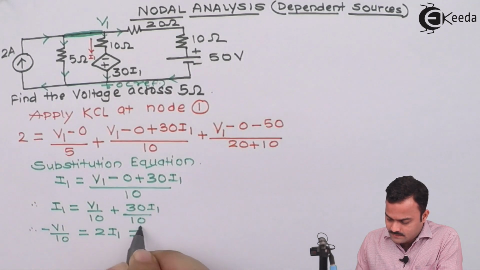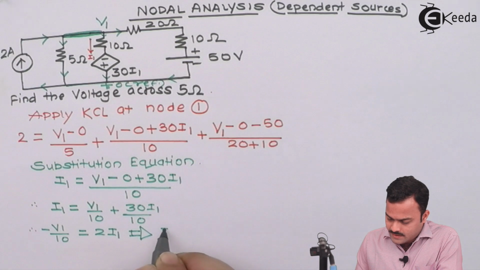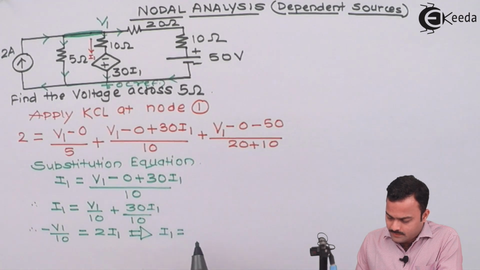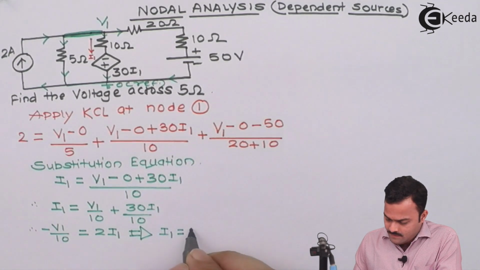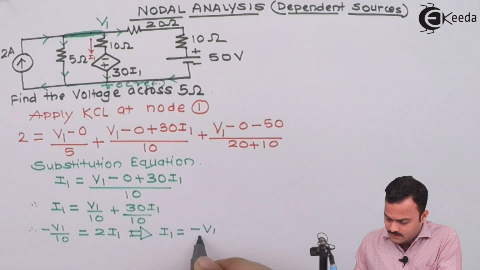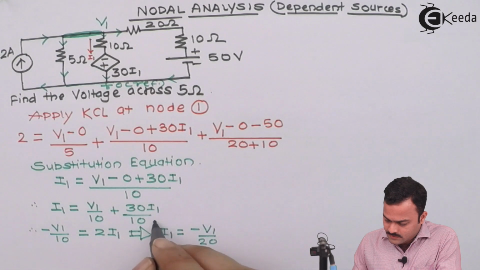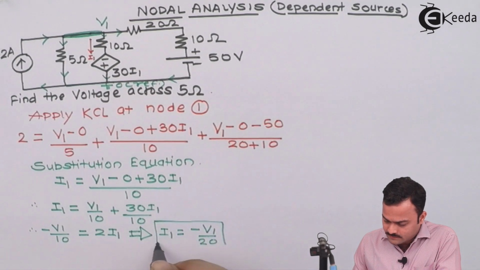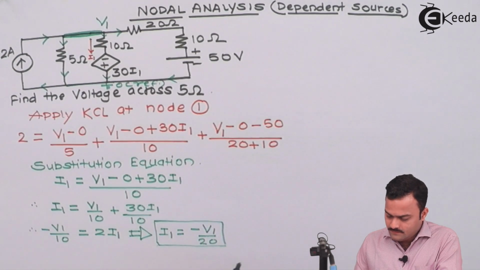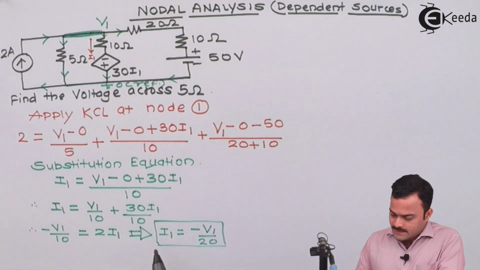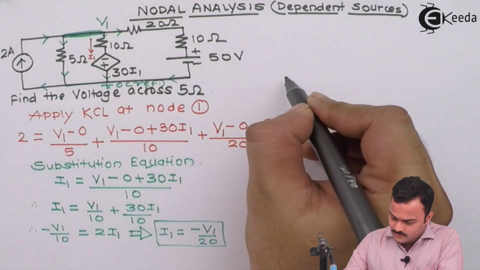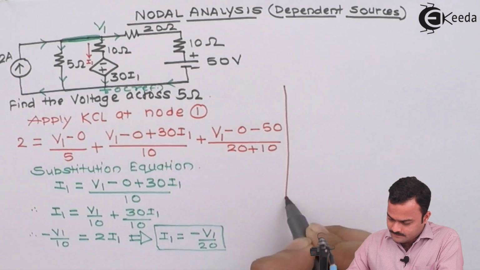This implies wherever there is I1, you have to replace it with minus V1 by 20. So this is the substitution equation. Let's put this value of I1 over here to further simplify the problem.